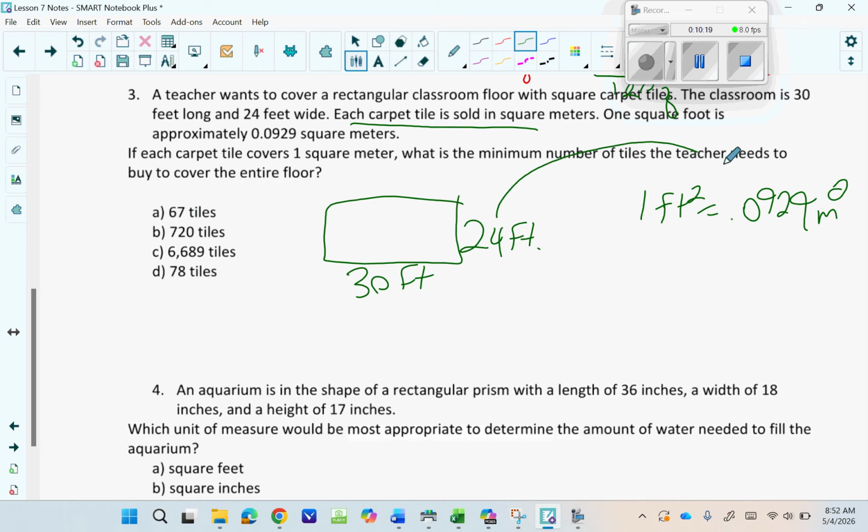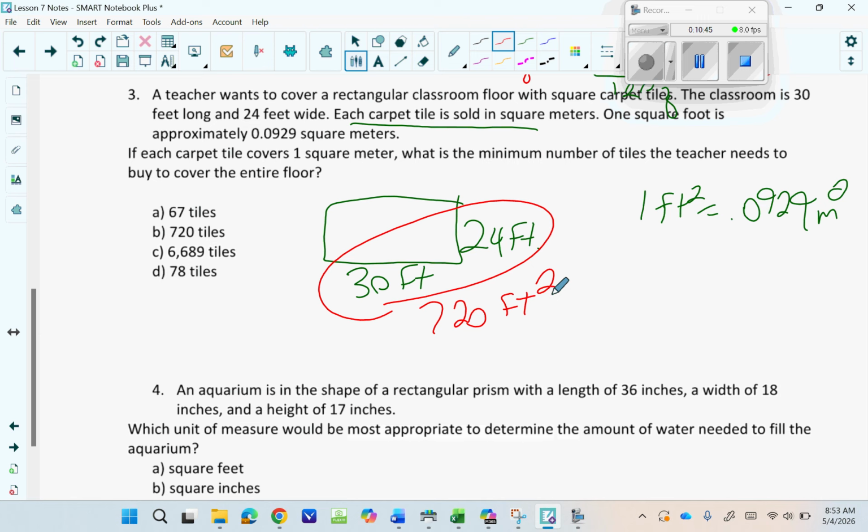So again, like last time, I'm going to multiply each of these by the number of meters. Actually, I'm going to change my mind on that. I'm not going to do that because it's in square meters. So I'm going to multiply these together and get the area. 30 times 24 gives me 720 feet squared.